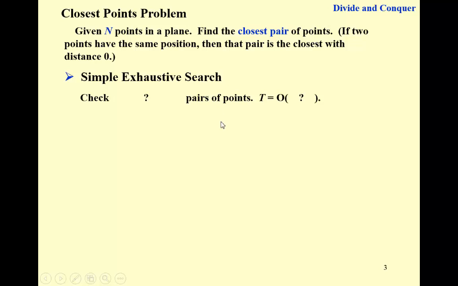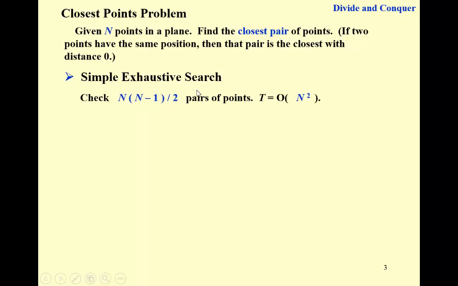That's exhaustive search. Then how many different pairs should we check? It's n times n minus 1 over 2, right? And therefore the time complexity would be big O of n squared. Remember what I've said in the fundamental course.